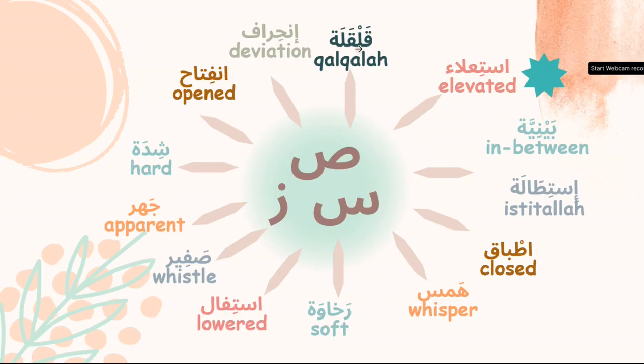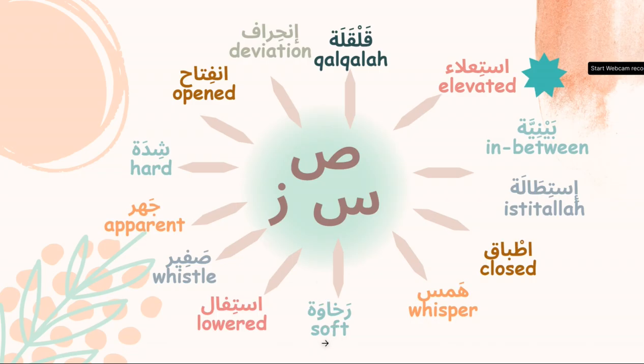What about the qalqala? The qalqala is related to al-huruf al-shadida, meaning that the makhraj closes. Are any of these three letters huruf shadida? No, so there's no qalqala. If we go to shidda, the hardness, we know that these letters are not huruf shadida, then the opposite is rakhawa.